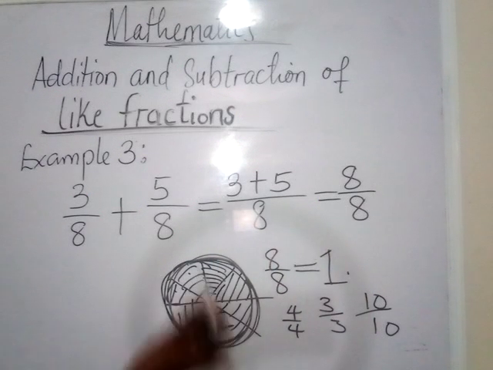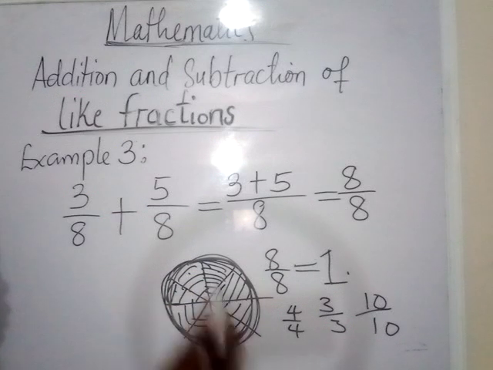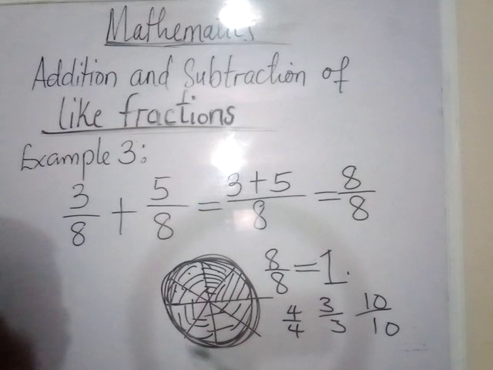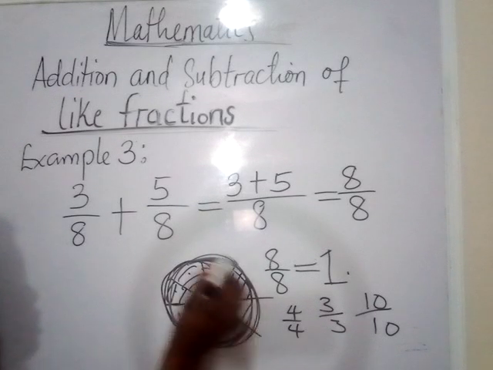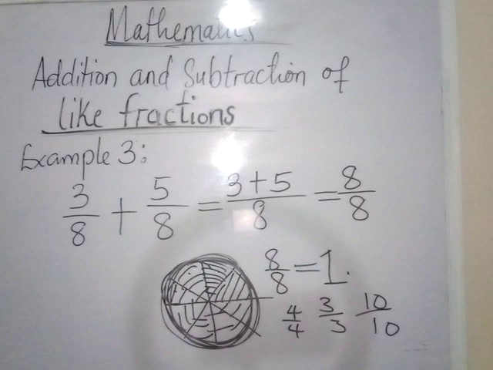I'm just using this pizza to show you why it is what it is. 8 out of 8 means everything is gone, and everything is a whole unit, which is 1. So this is the example I wanted to show us.